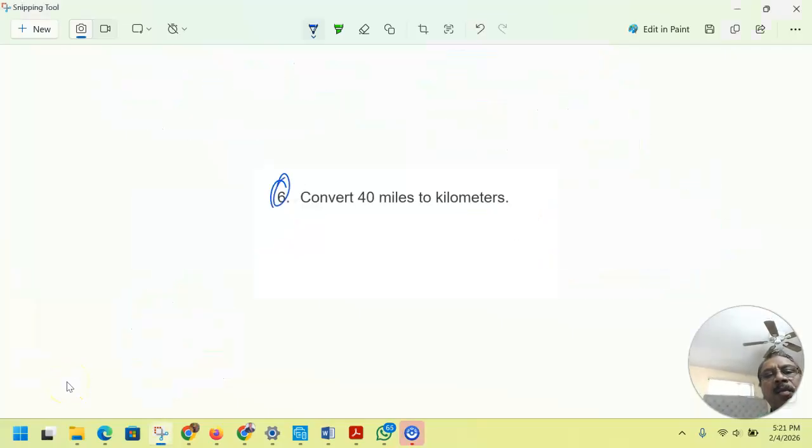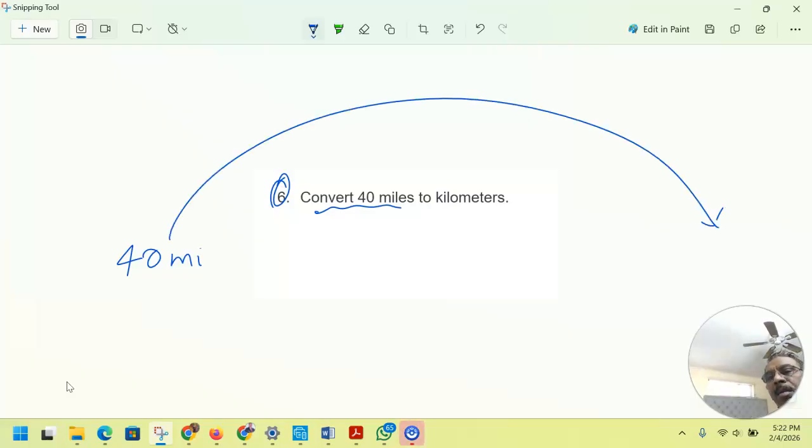So question number 6 is convert 40 miles. So that means we have 40 miles. We need to convert all the way to, the answer has to be in kilometers. So first thing is, we'll convert miles to feet.